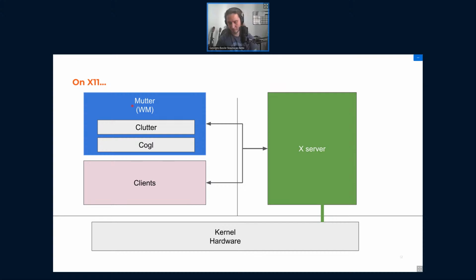Mutter is basically, the X server is the compositor in this case, and Mutter is kind of a special client. It's a client with privileges, being a compositing window manager, not the compositor. But it still lives at the same level as other clients. So the chart looks quite different.